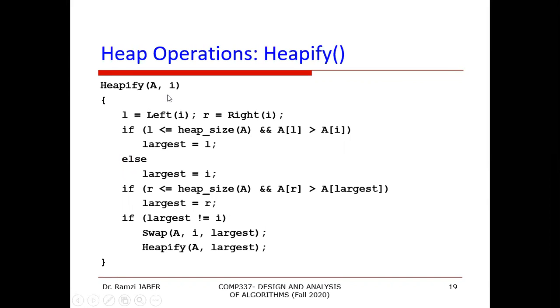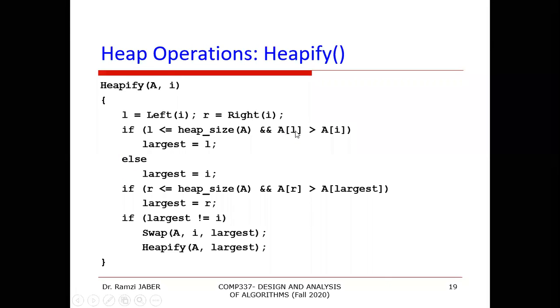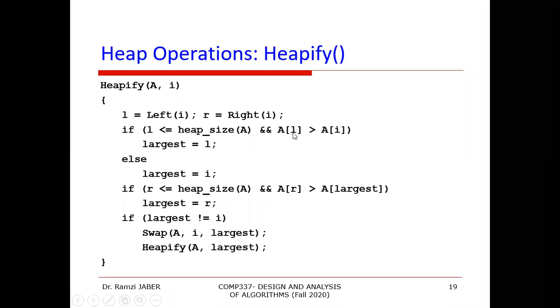The pseudocode of heapify, array A, for node I: let L equal left I, R equal right I. If L is less than or equal to the heap size of the array, and A[L], which is the value of the child, is bigger than the parent, then largest will be L, else it will be I. Also, if R is less than or equal to heap size and A[R] is bigger than A[largest], then largest equals R. If largest does not equal I, swap A[I] with A[largest] and repeat again.